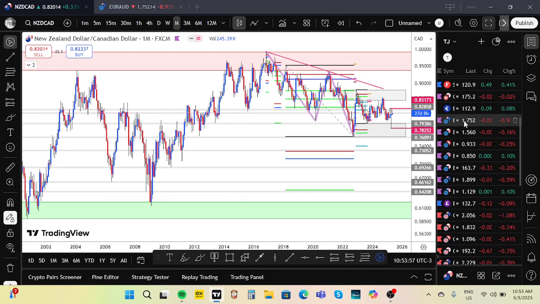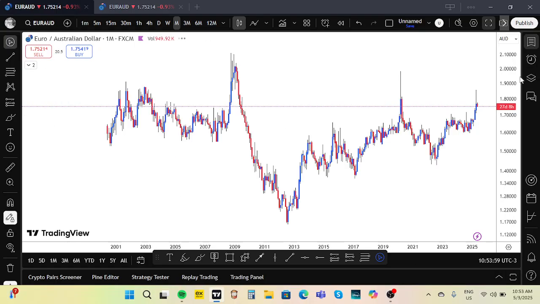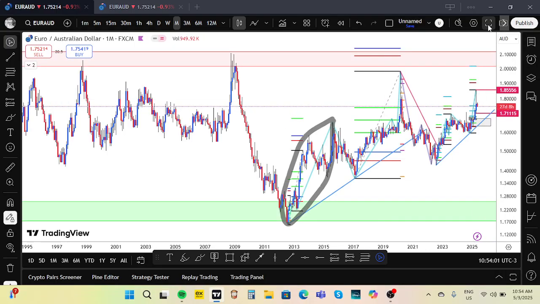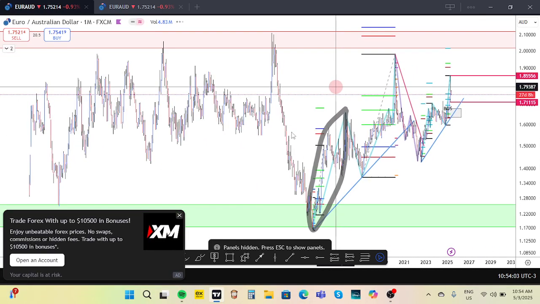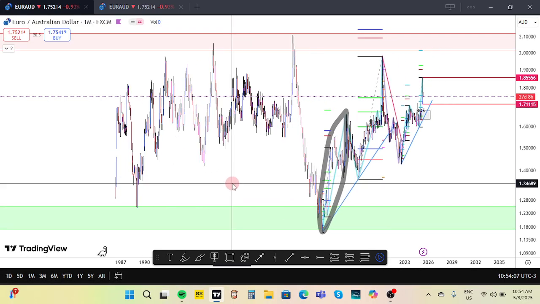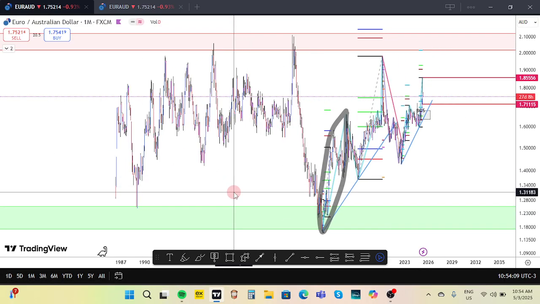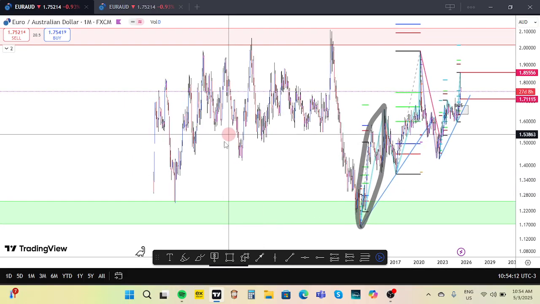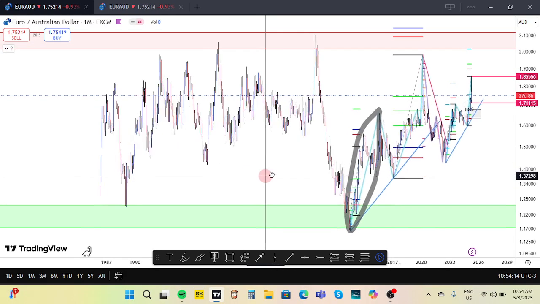Euro AUD, and it's still the same thing, right? I'm not a professional trader like those big guys, so I don't have much data. Right now, the data TradingView provides me with is this.